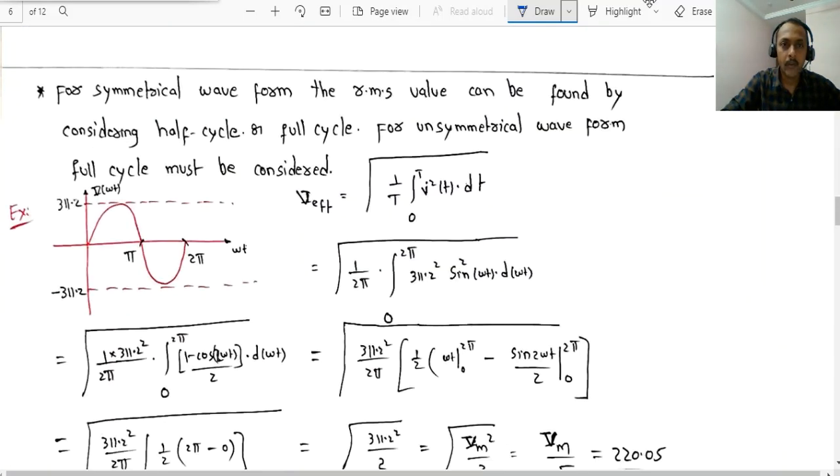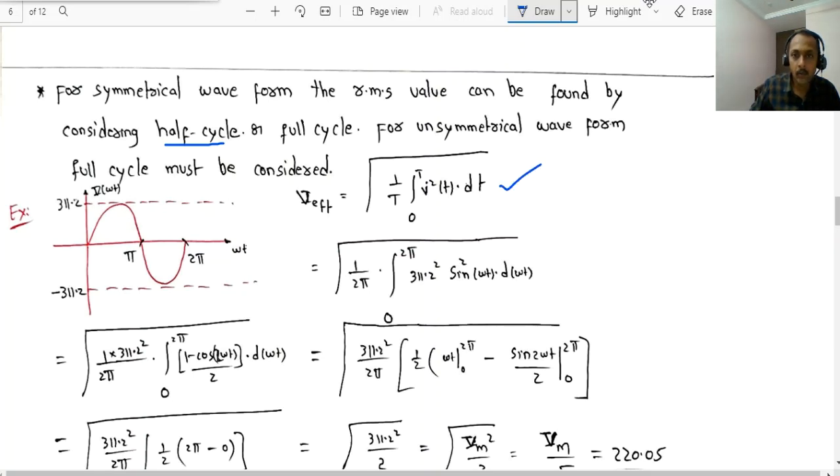Now for a symmetrical waveform, the RMS value can be found by considering the half cycle or full cycle. But for an unsymmetrical waveform, the full cycle must be considered. You observe here the effective value: V effective equals root of 1 by T integral 0 to T v square of t dt.